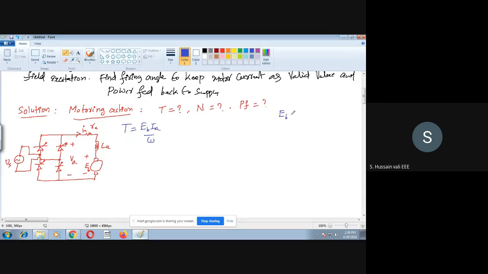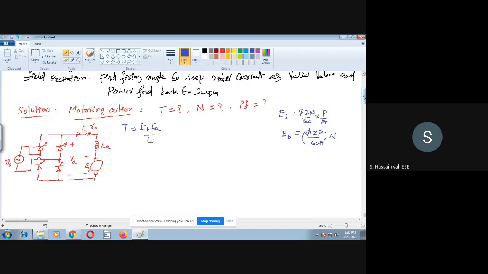EB is, if you recall, pi Zn by 60 into P by A, that is equal to pi Zp by 60 A into N, that is EB. Now you must understand a few things here. These are the equations.